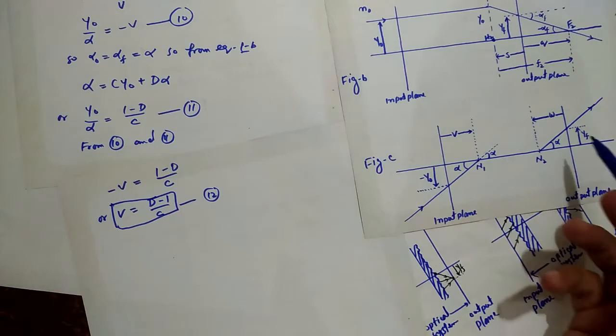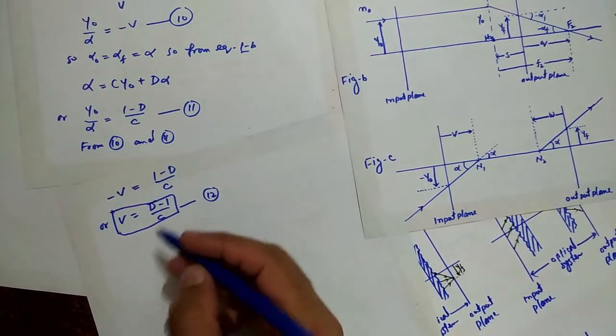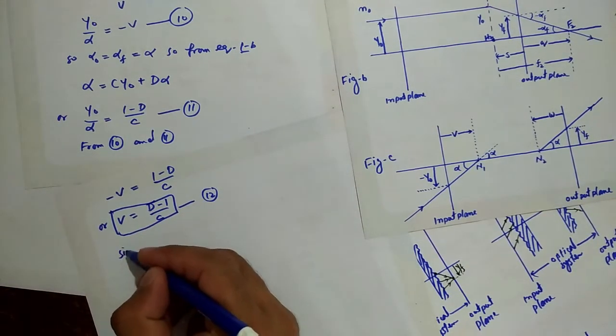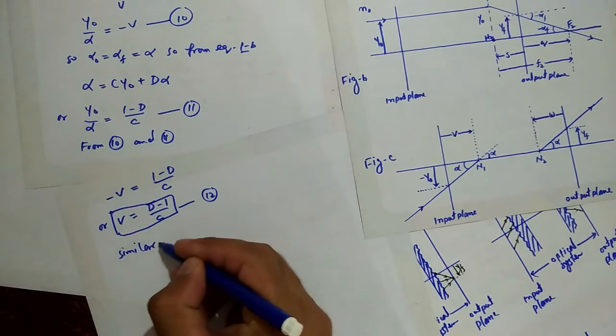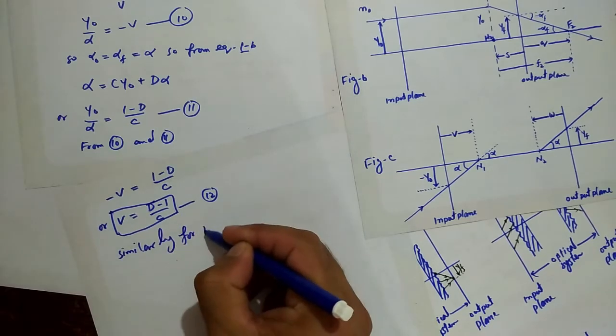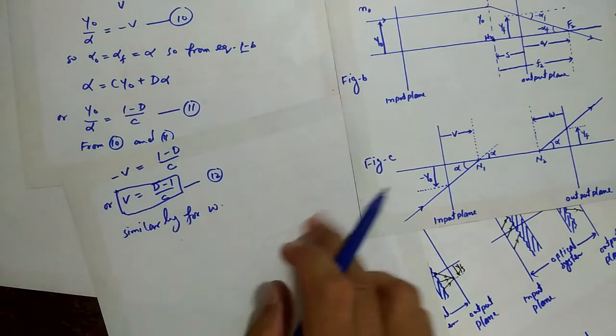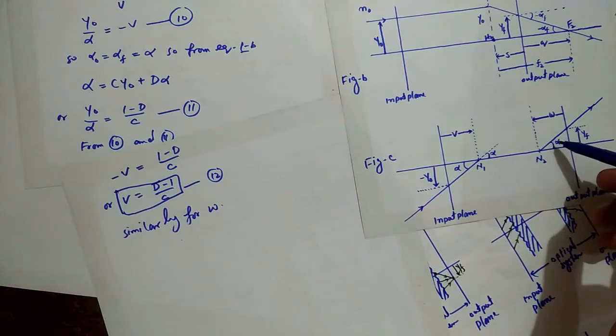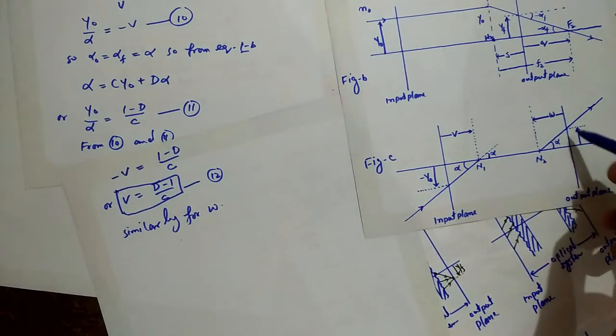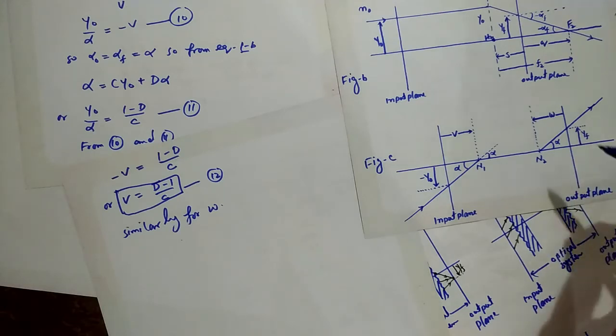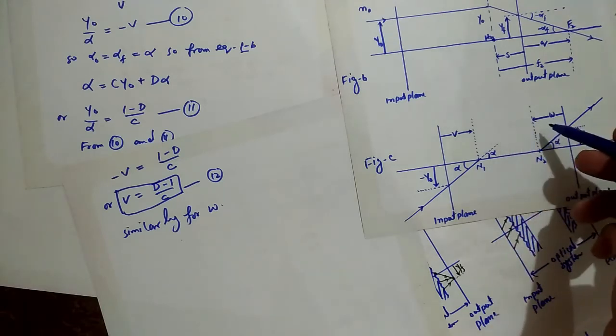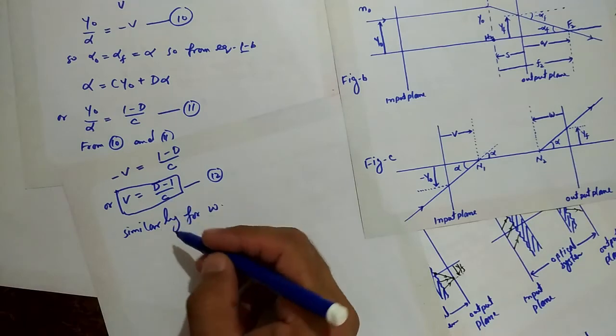So for the back nodal point omega, similarly for omega, again consider this figure. Here alpha will be equal to yf over omega, but here omega is directed toward the left, so it will be taken negative.